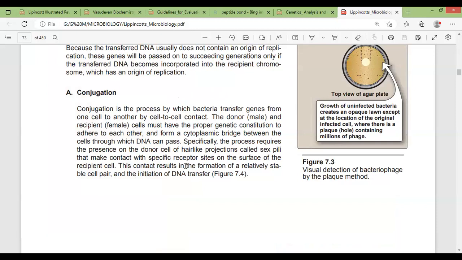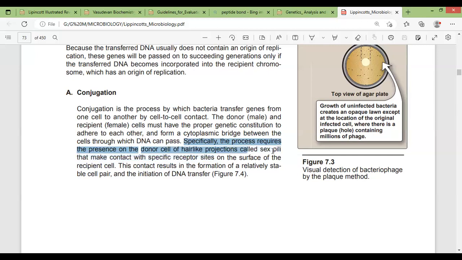So what makes the contact is here. The process requires the presence, in the donor cell, of the hair-like structures called sex pili.